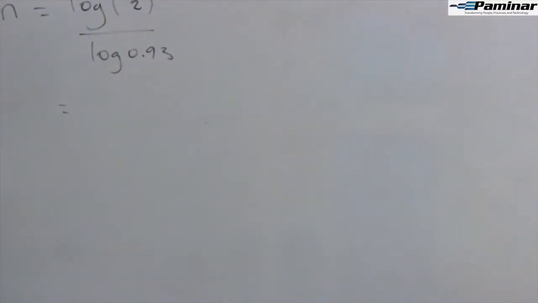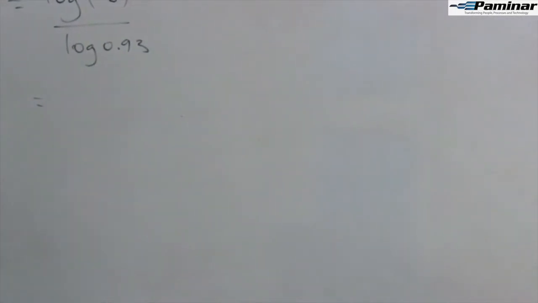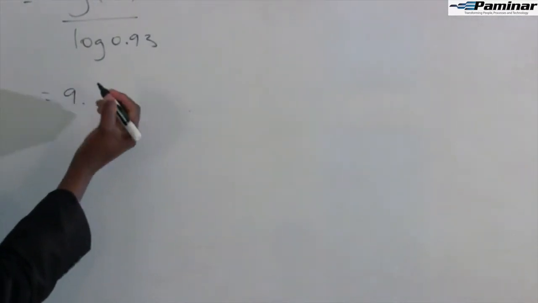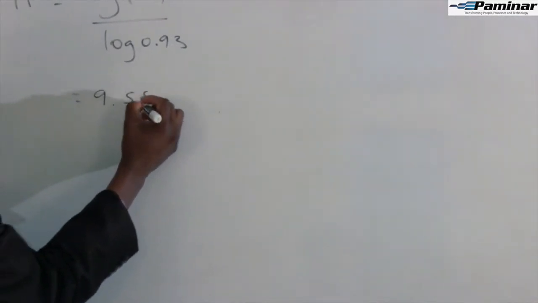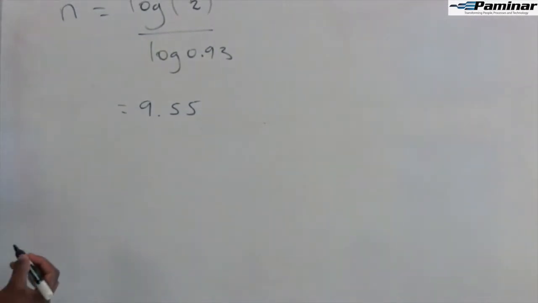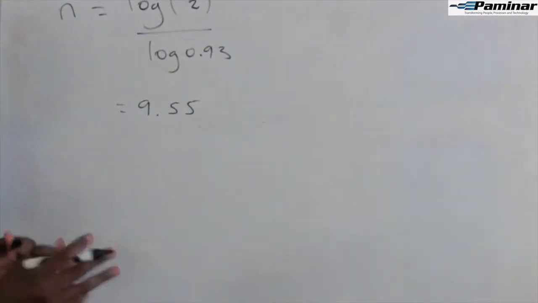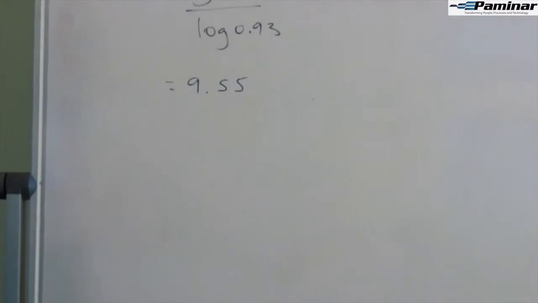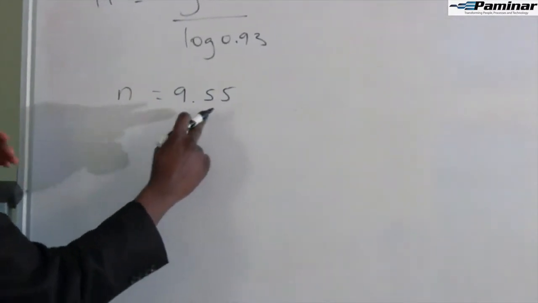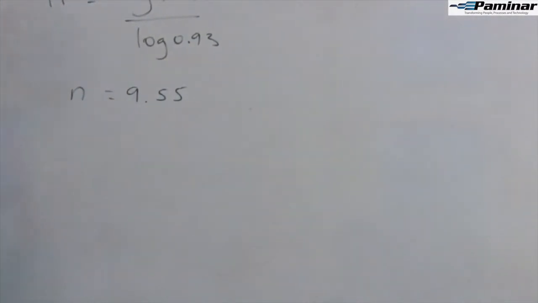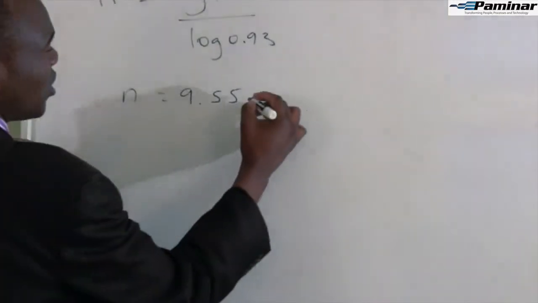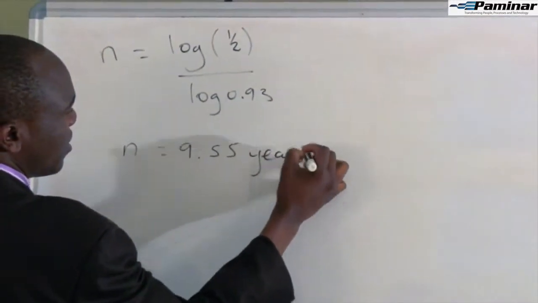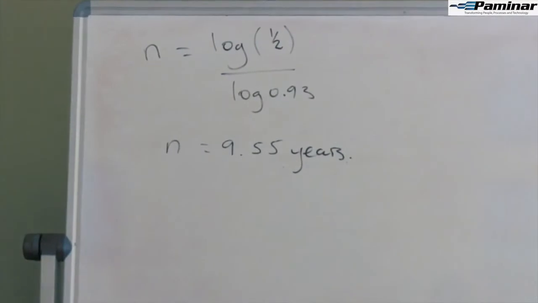What do you get? 9.55. Okay, let's just leave it to two decimal places. So our n is 9.55. Yes, that's it. So we are done with this one.